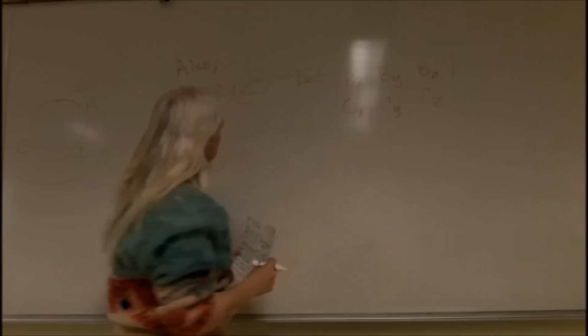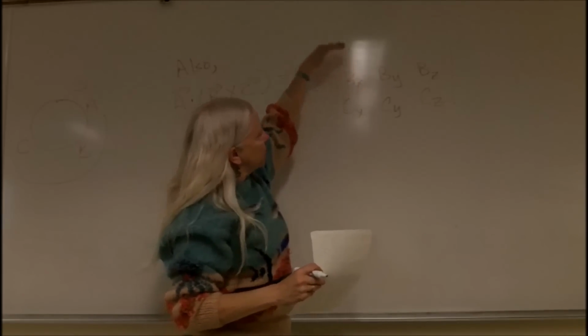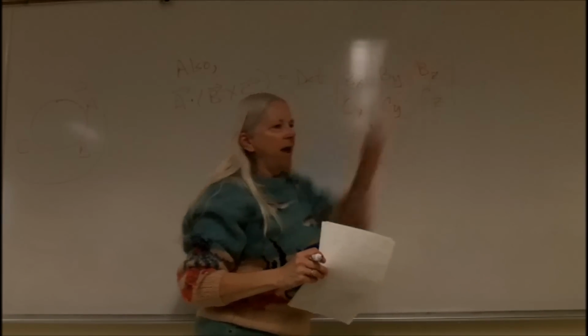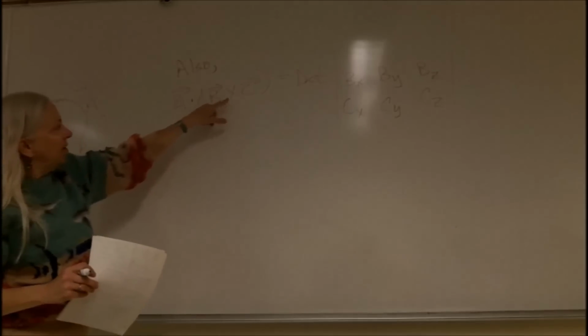Alright, so again, if I were just crossing B and C, I'd have this determinant, with i hat, j hat, and k hat here. But now, if I take that and dot it into A, remember that A dot D would be Ax dx plus Ay dy plus Az dz.